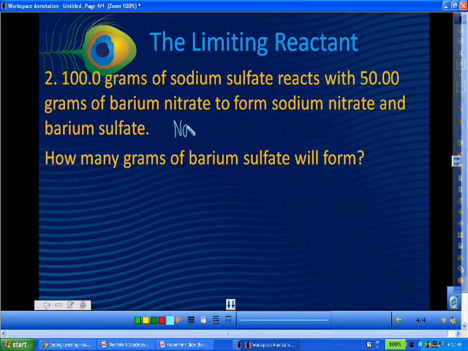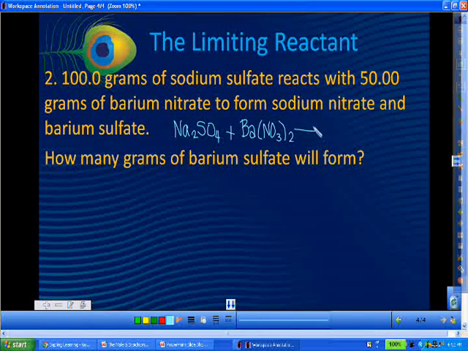Sodium sulfate, Na2SO4, crisscross the oxidation numbers, plus we have barium nitrate. Remember, when you crisscross in this case, it goes outside the parentheses. And this is going to form or produce sodium nitrate and barium sulfate.